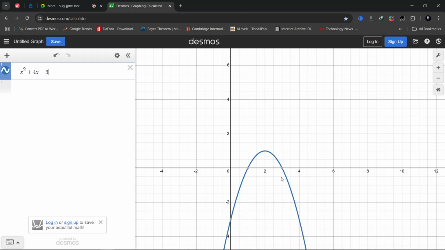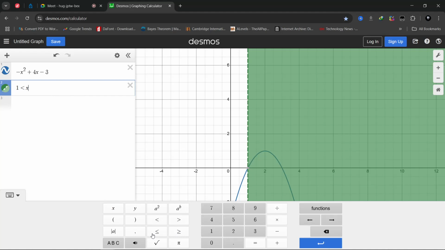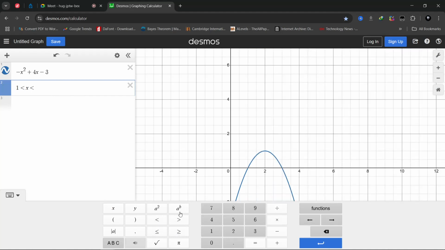However, I guess I would have to put that in as a separate condition where 1 is less than x less than 3.